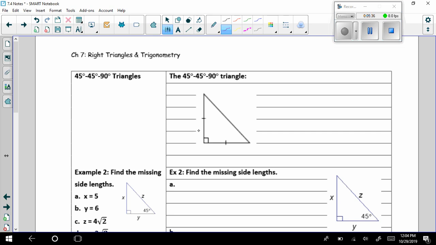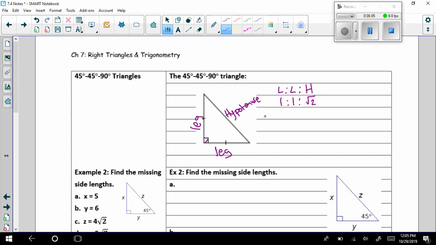Okay, so just labeling this here, we have, again, your leg. We have a leg. This side, always across from your right angle, is your hypotenuse. The ratio would be leg, leg, hypotenuse would be 1 to 1 to square root of 2.